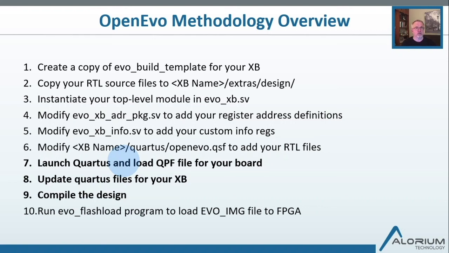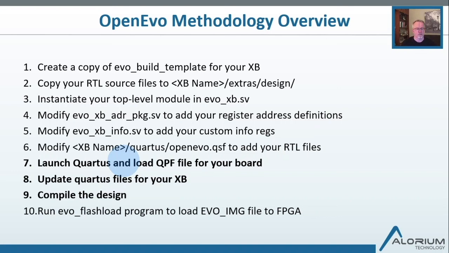Once we got that updated, we can go ahead and compile. Now, the first time that you compile after making all these changes, you're probably going to run into some errors, maybe some typos, maybe some syntax errors, maybe the way you connected something in the EvoXP. Quartus is going to complain. You're going to have to go back into your source code, try to address those, rerun the compile, and iterate on that process until you get a clean compile.